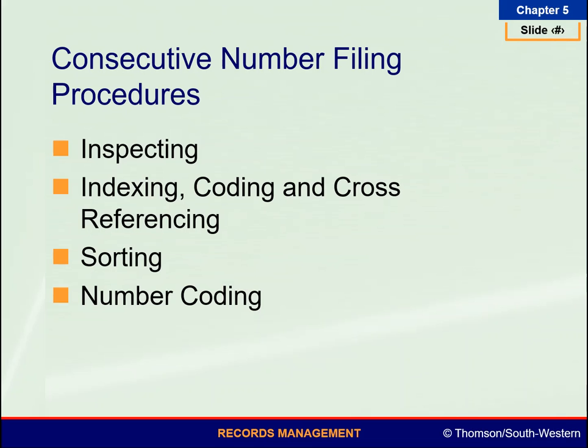For the numeric filing procedures, number one is inspecting, number two is indexing, coding, and cross-referencing at the same time, the fourth is sorting, and lastly is number coding. We are going to proceed one by one.